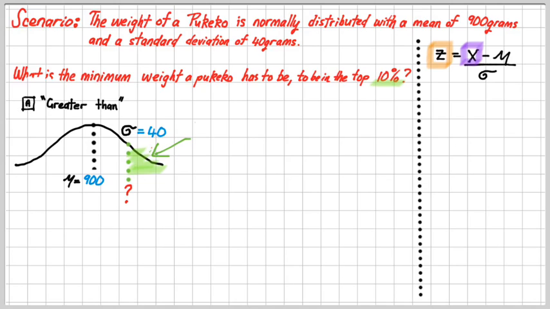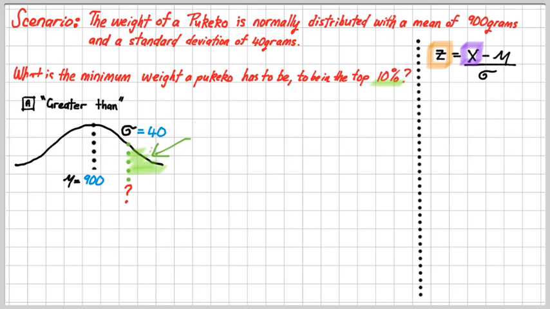Now the z value is the equivalent value of the x value, but it is in the standard normal distribution. So just to recap there, in the purple there, the x value is to do with the normal distribution, so the x distribution if you would like to call it, and the z value is to do with the standard normal distribution, where your mean is 0 and standard deviation is 1.